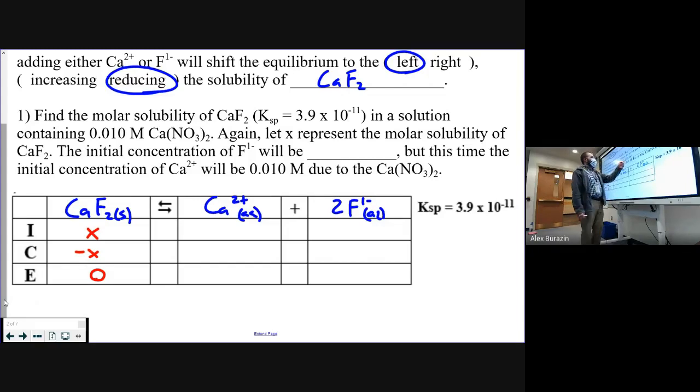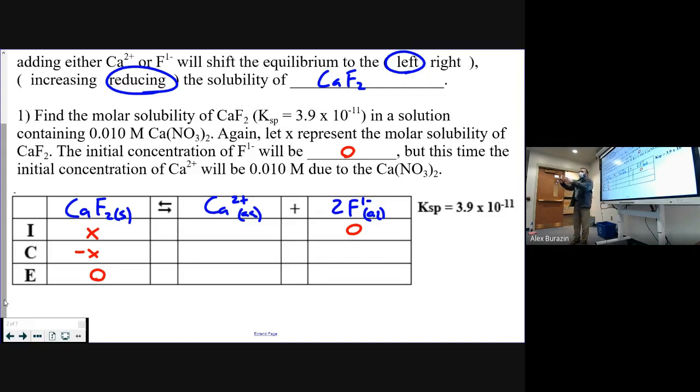The initial concentration of fluoride will be what? Do I have any fluoride? Not yet. That's going to be 0. But this time, the initial concentration of calcium will be 0.01 molar because we are attempting to dissolve this stuff in a solution that already contains calcium. Calcium is a common ion, meaning it is shared between what I'm trying to dissolve and what I'm trying to dissolve it in, right?